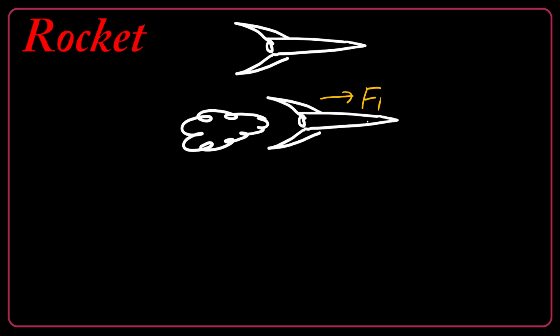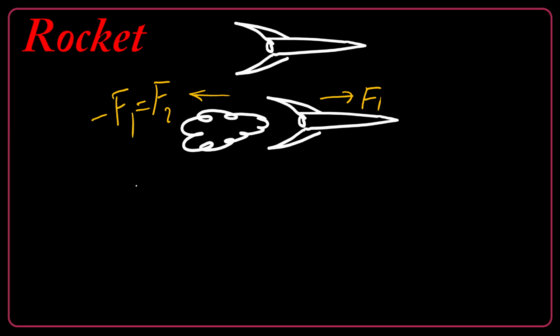Let's say this is a space rocket out of any gravity and any external force, and the engine is off. Then the astronaut decides to turn on the engine. When they fire the engine, the rocket is acted on by a huge force F1 rightward, and simultaneously the rocket exerts the same force F2, equal to negative F1, on the gas.